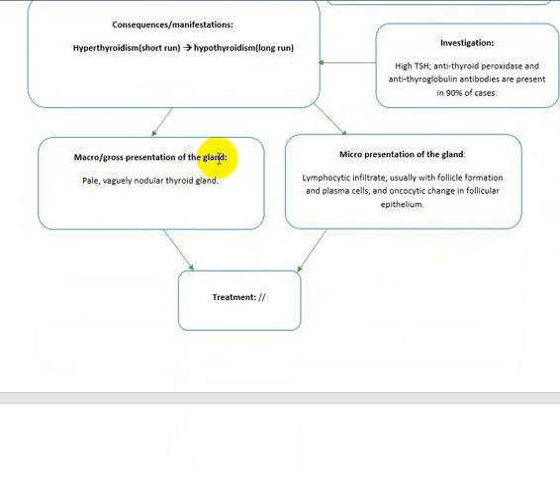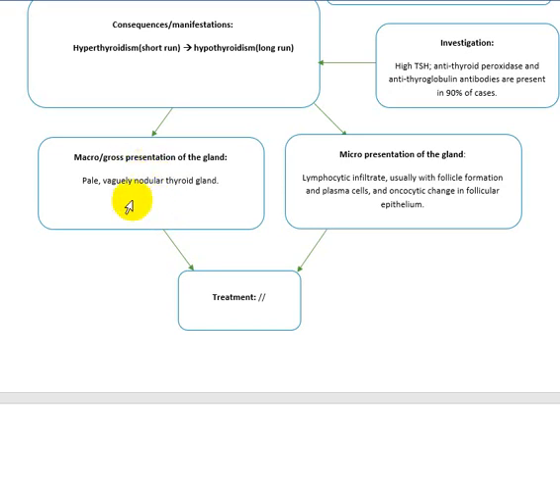So now the macrostructure of this, you have the nodular. You see here in this case with Hashimoto thyroiditis, it is nodular. The reason is because you have a chronic inflammation. When you have the release of the autoimmune antibodies, it's going to cause an inflammation of the thyroid gland.